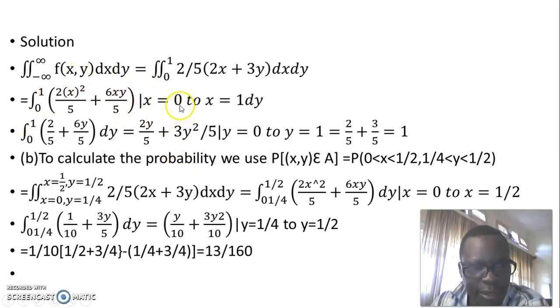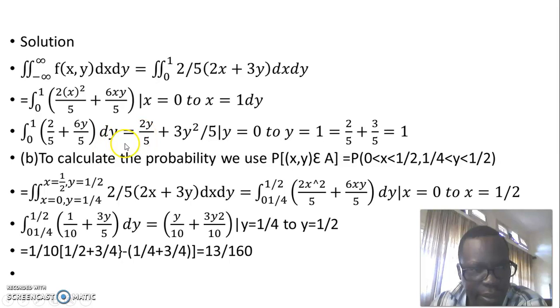Hence, we can substitute for x equals 0 and x equals 1 in this. So when we substitute for x equals 0 to x equals 1, we shall get 2 out of 5 plus 6y out of 5. Remember again, we have to integrate with respect to y.